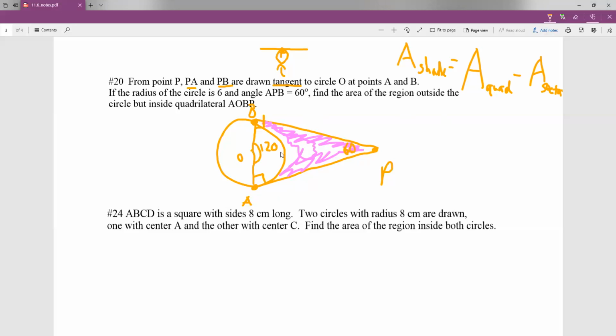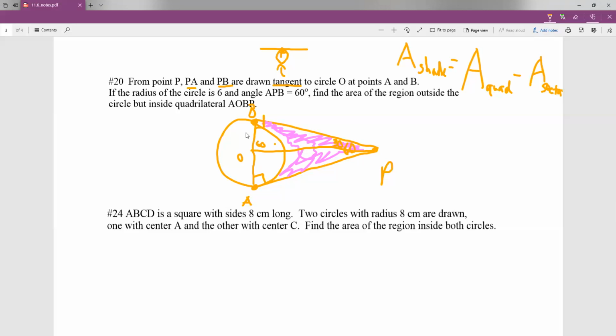So we could construct a line, let me erase this real quick. This angle was 120. I could draw a line that goes from the radius here over to point P. And what type of triangles are these going to be now? Yeah, they're going to be 30-60-90 triangles, right? So this angle here is 30, this angle is 90, this angle is 60.